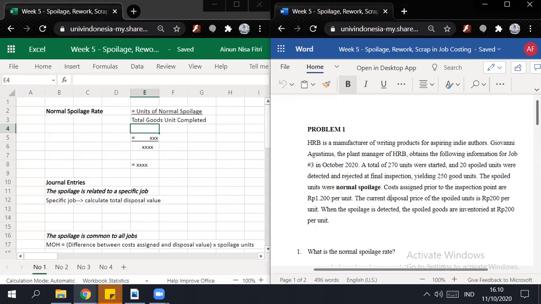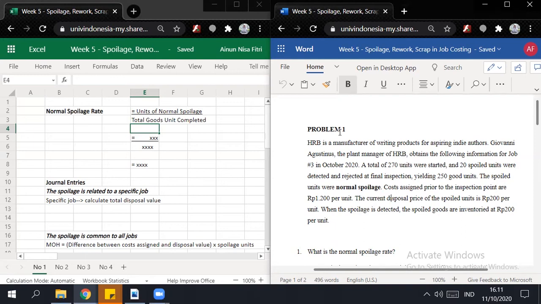Problem number 1. HRD is a manufacturer of writing products for aspiring indie authors. Giovanni Agustinus, the plant manager of HRD, obtains the following information for job number 3 in October 2020. A total of 270 units were started and 20 spoiled units were detected and rejected at final inspection, yielding 250 good units.